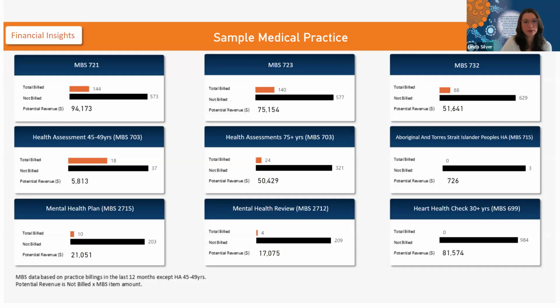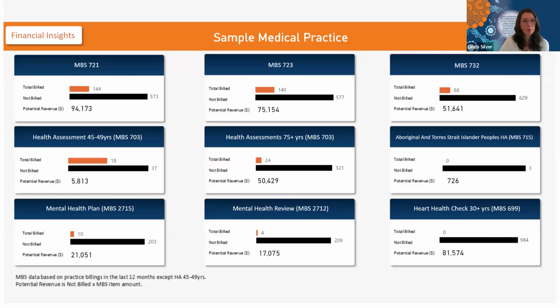Health assessments for 75 and over can happen every 12 months. Again, the analysis captures all the appropriate item numbers, but we give the figure based on number 703. The same applies to MBS 715.